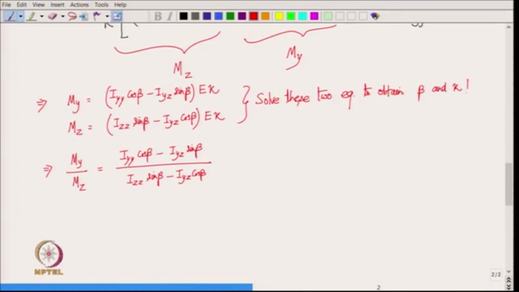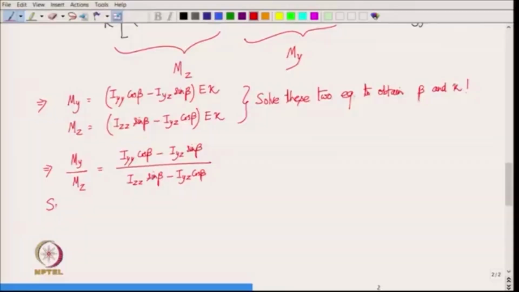Okay. Suppose that we are only applying moment about the z axis, and the moment about the y axis is 0 in the cross section. So, let us see what happens in that case.